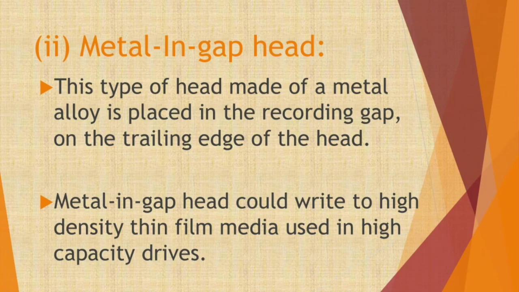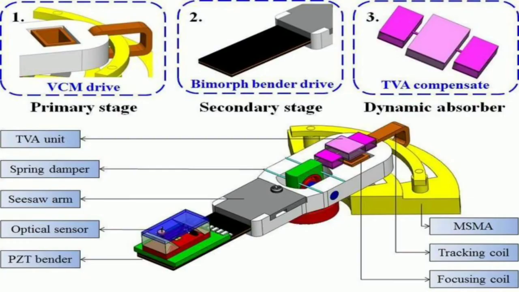Second is the metal in-gap head. This type of head, made of a metal alloy, is placed in the recording gap on the trailing edge of the head. Metal in-gap heads could write to high-density thin film media used in high-capacity drives.